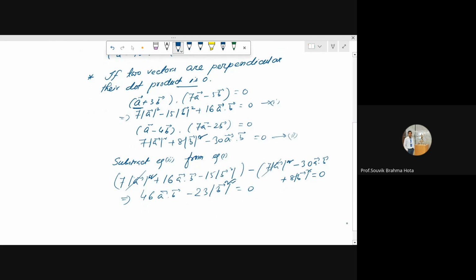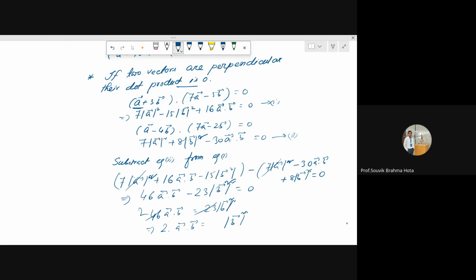So from that you will get 46 a dot b is equal to 23 b square, and then 2a dot b is equal to b vector square.